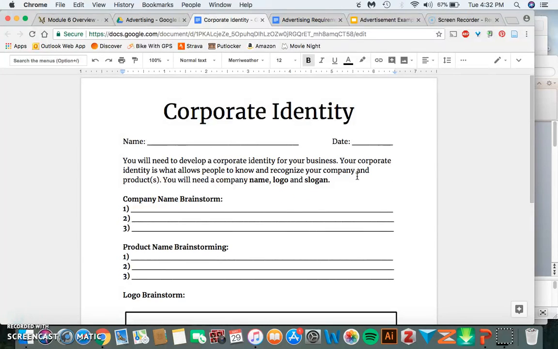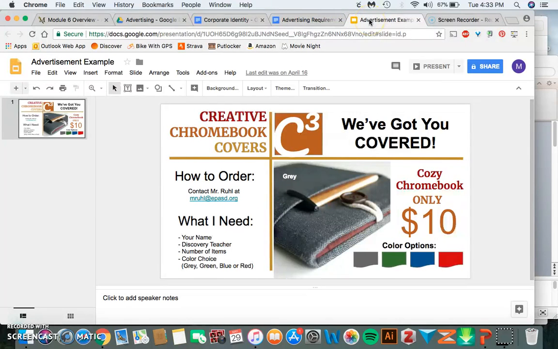What do those mean? Illustrate through multiple media by having them complete this form as well as then move over and work on the collaborative document to put it all together, as well as information processing and visualization by putting together the information that they've developed into their advertisement.